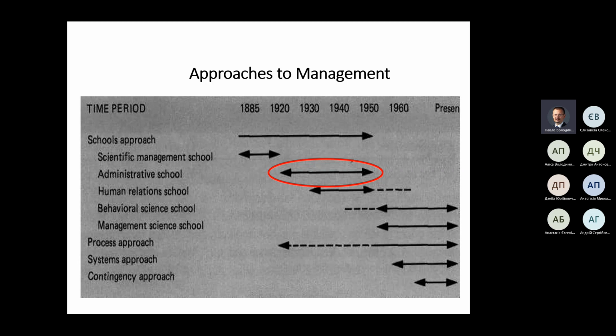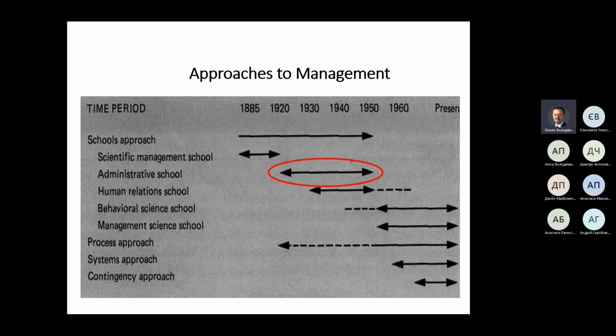Functions of management, I do hope you remember, are four main functions: planning, organizing, motivating, and controlling. Functions of management are the activities which must be performed by a manager.